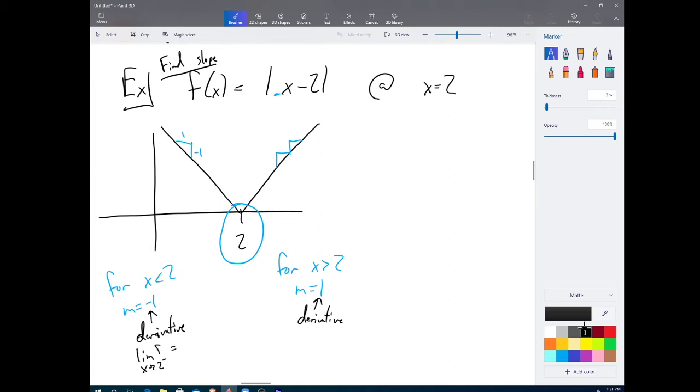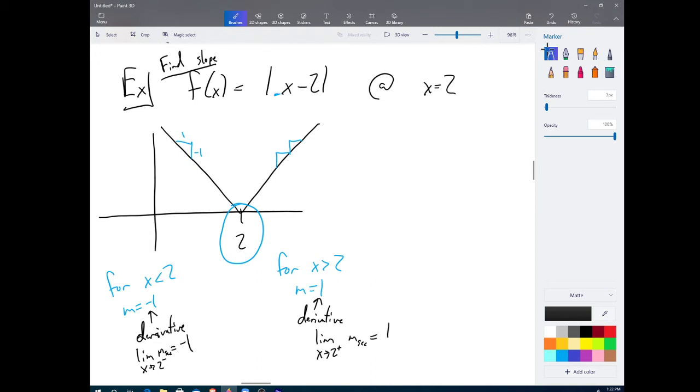Actually, it wouldn't be of f of x, it would be of the slope. The limit of my slope of my secant line would be equal to negative 1. Here, the limit of the slope of my secant line coming from the other direction is the derivative.